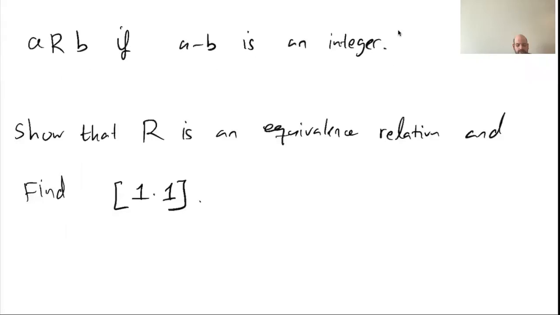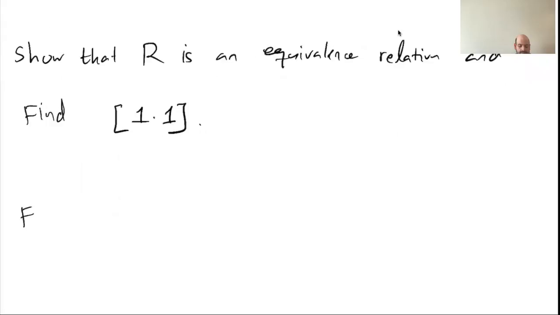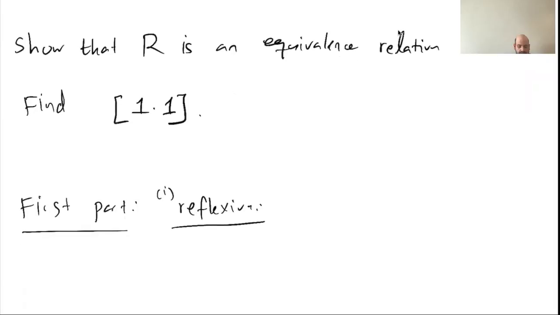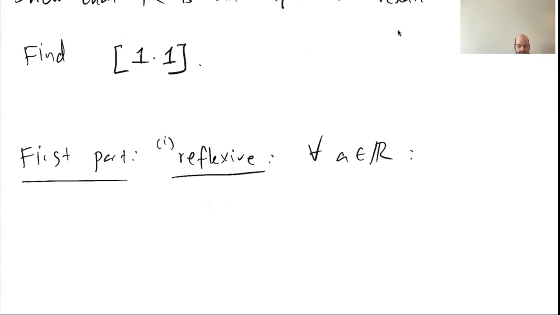So the first part, again, we want to show R is an equivalence relation. Like previous examples, we have to show three things: reflexive and symmetric and transitive. So first part, reflexive. So for every a in the set of real numbers, what can we say?